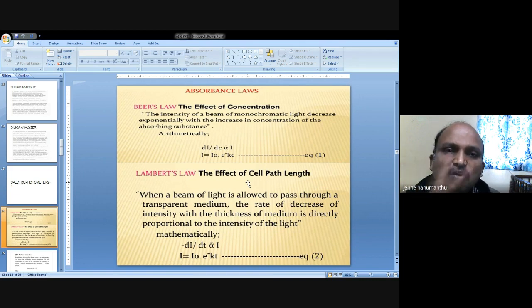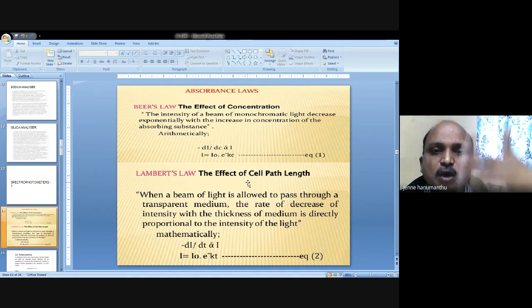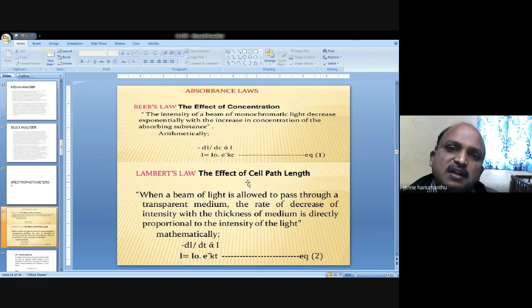We can overcome the two minor disadvantages. But when the initial light falls on the solution, some of the light is absorbed and some of the light is transmitted.